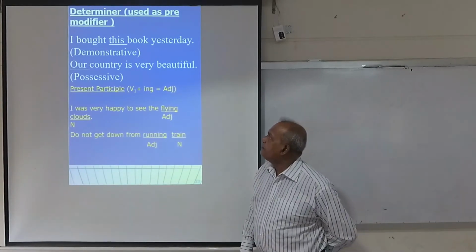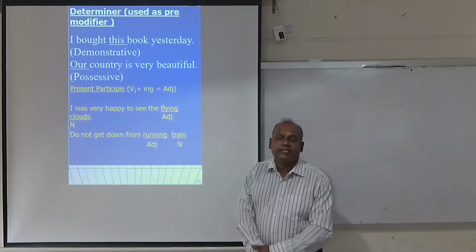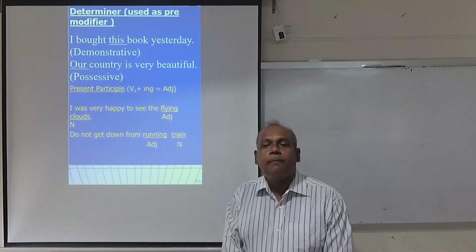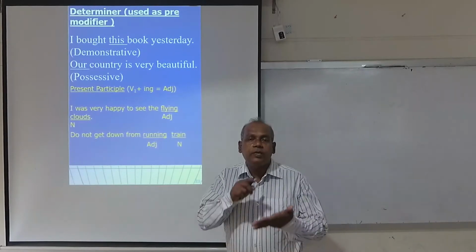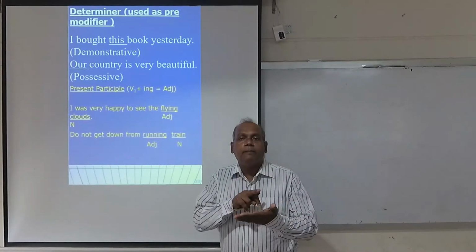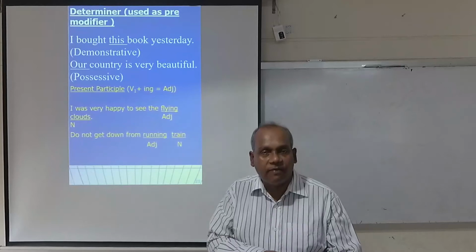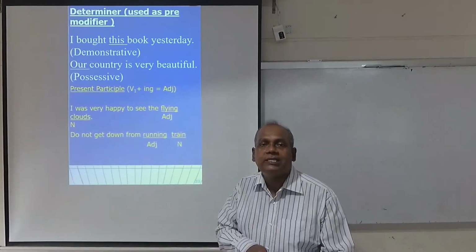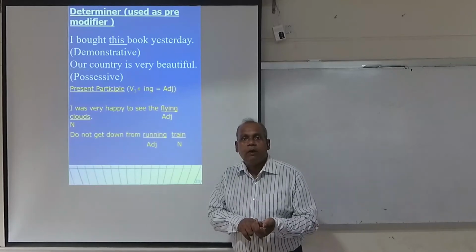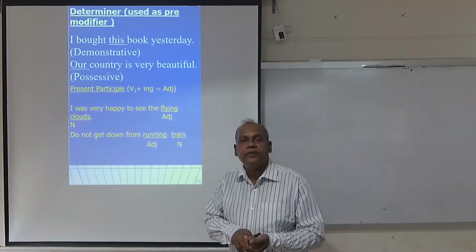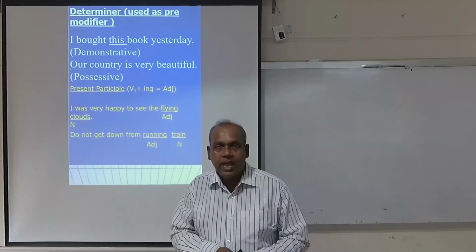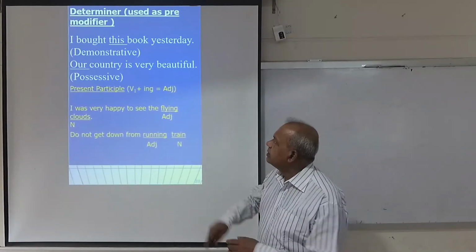Next item, present participle. Very simply we can say which is present participle. If we add ing with the verb and the new word is used as adjective, that will be called present participle.